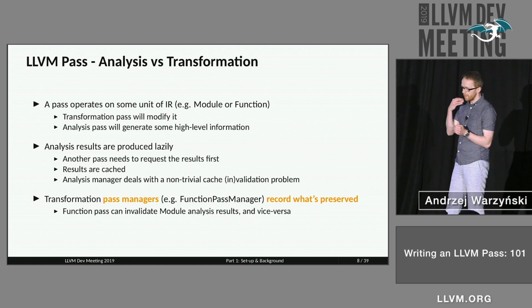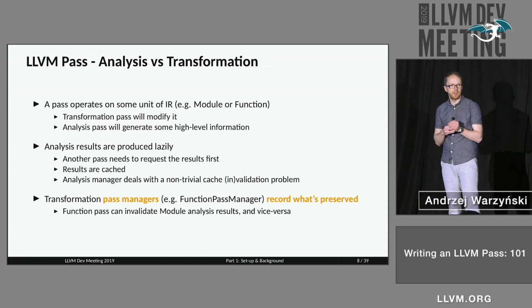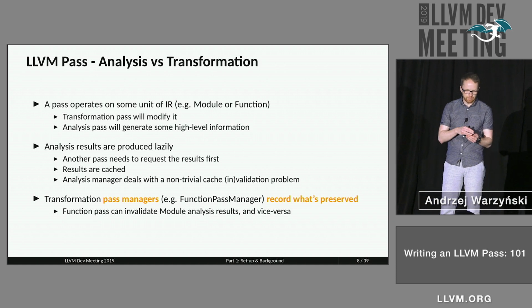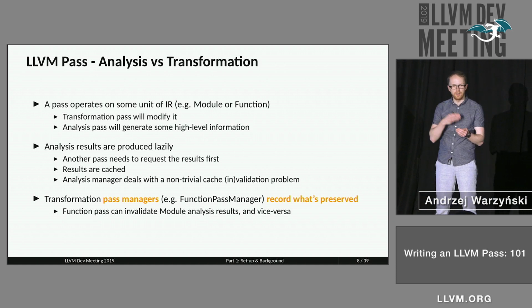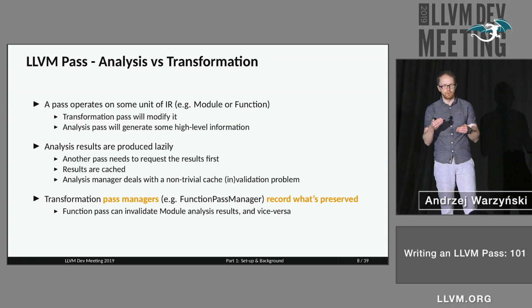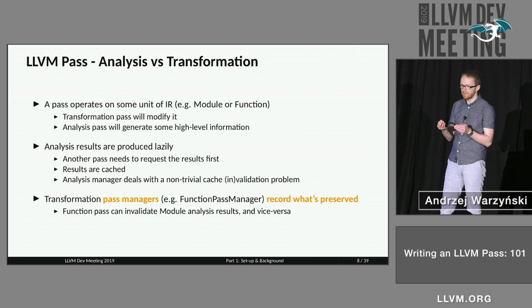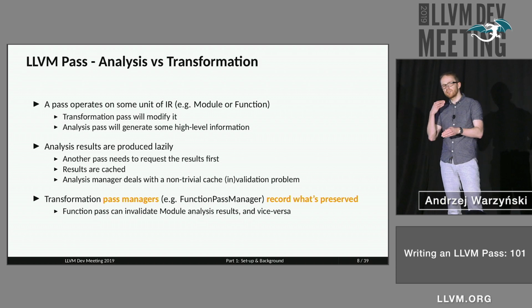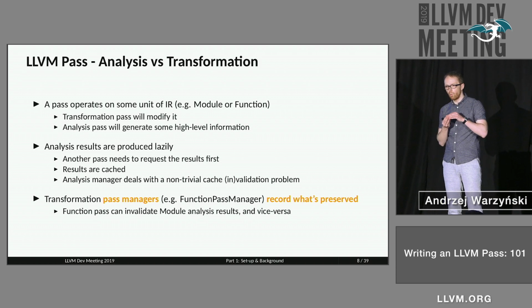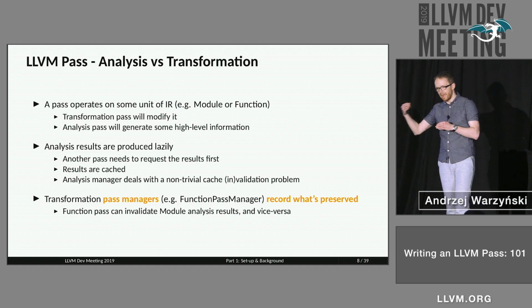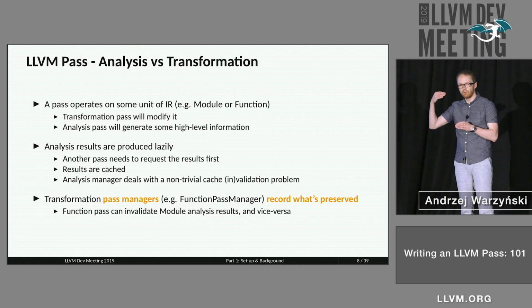Now, in terms of implementing, a transformation pass will be harder because you have to change code and you have to produce something that's equivalent to your input in some sense of equivalence. So that's trickier. Analysis in this respect is a bit easier, but there's an interesting interplay between the two, because normally you have a transformation pass which requests results generated by an analysis pass, and that triggers that analysis pass being run, right?